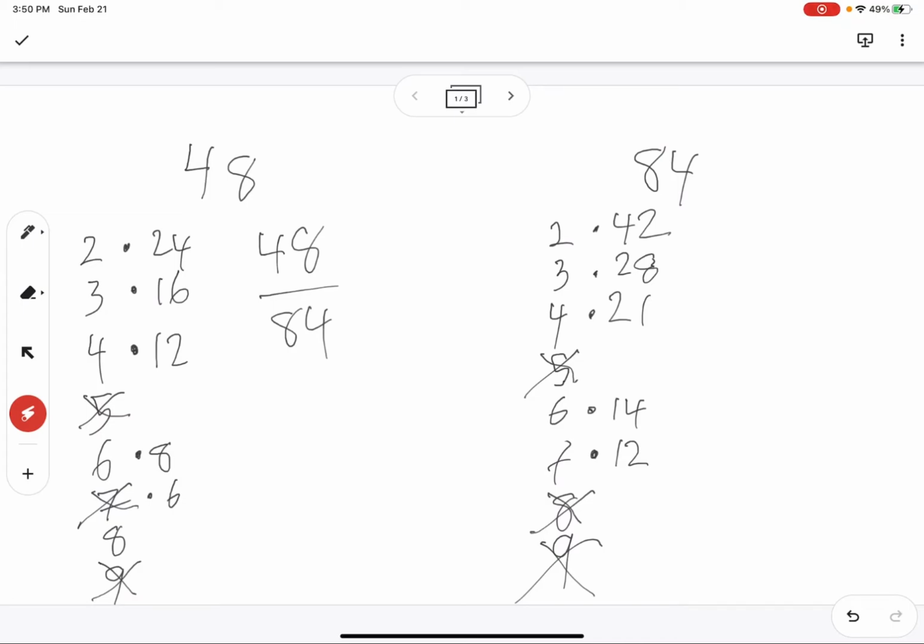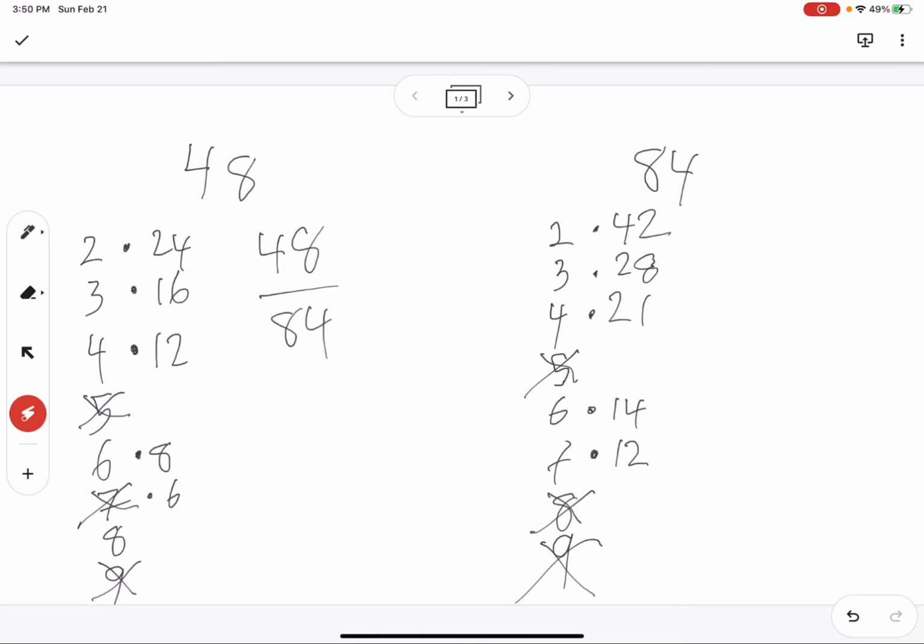A lot of times you'll be asked to simplify the fraction. Maybe your teacher asked you to simplify the fraction and you just groaned. Well, if we have a fraction with these two numbers, we'd write them up just like we did here and run through all these factors, and now we can simplify.